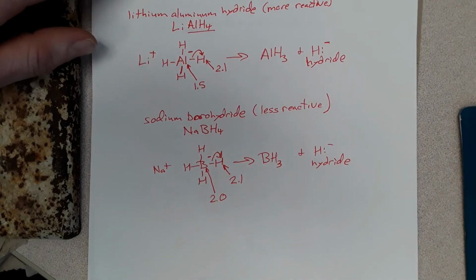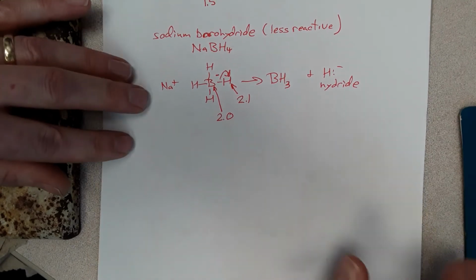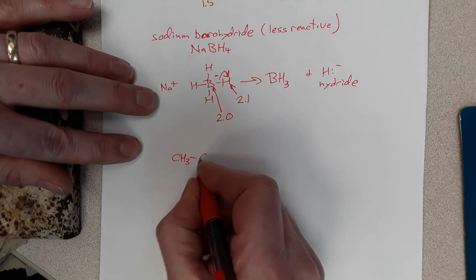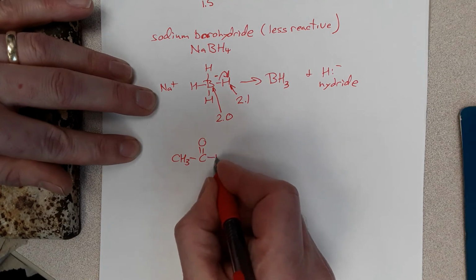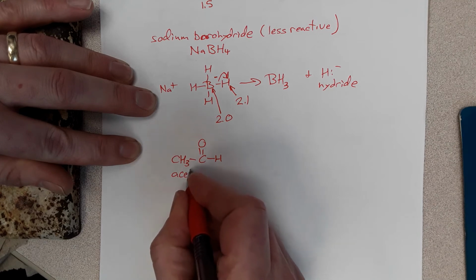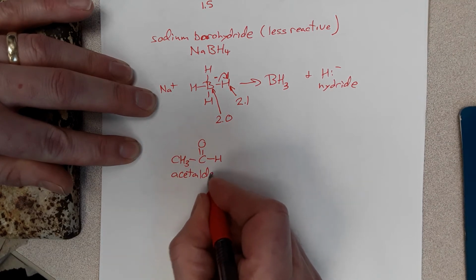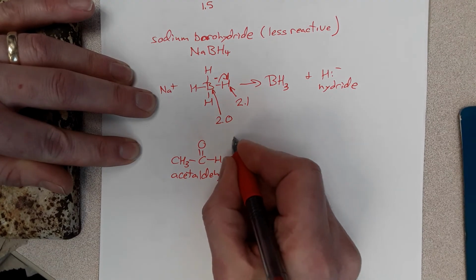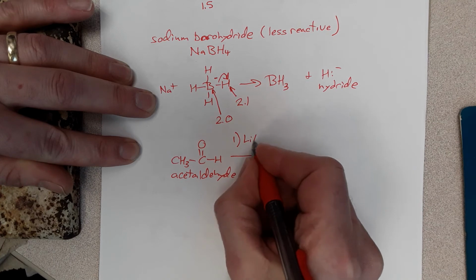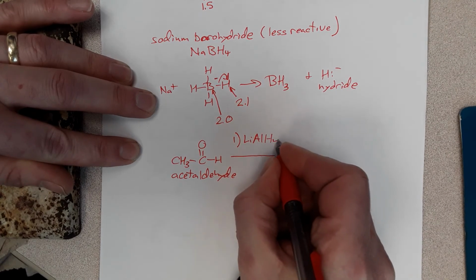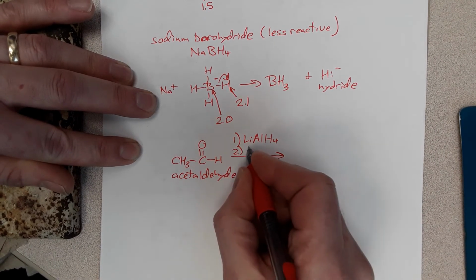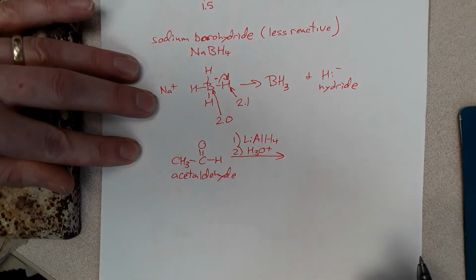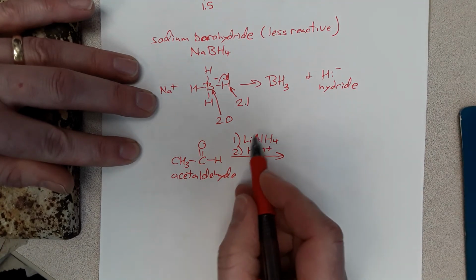So let's draw out a couple examples here. We're starting out with an aldehyde or a ketone. Let's make an aldehyde here. In this reaction, it's a two-step reaction. Number one, you add lithium aluminum hydride or sodium borohydride, either one works. And then step number two, you add your acid to add the proton, H3O. We're not going to draw out the mechanism here.